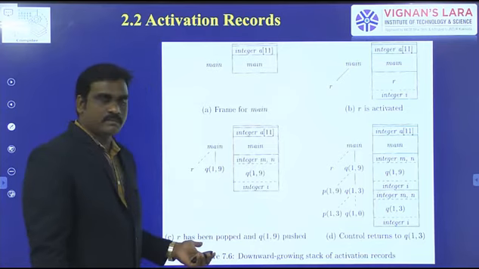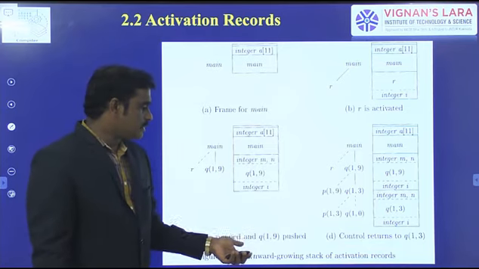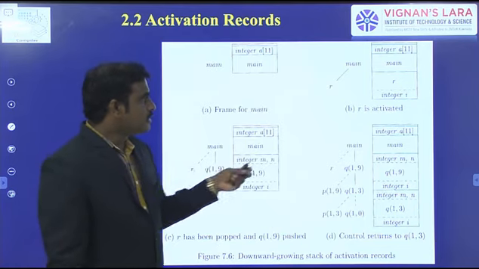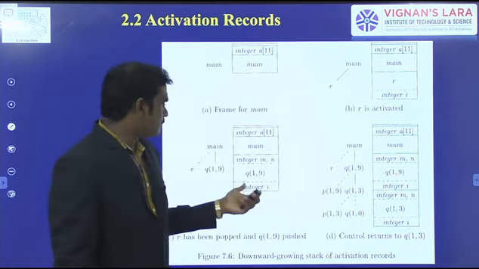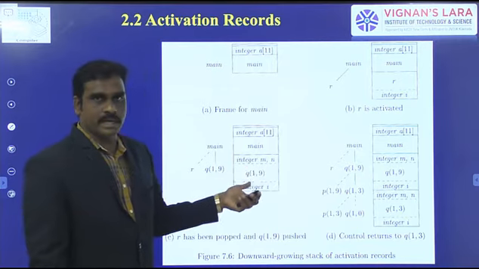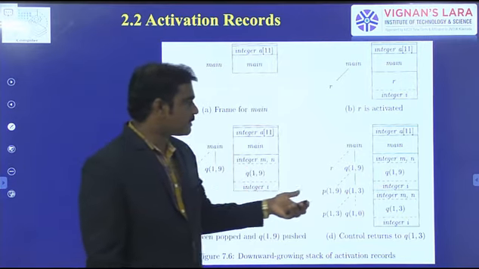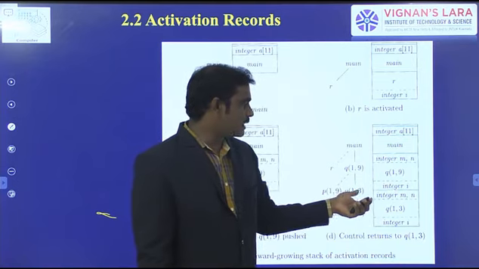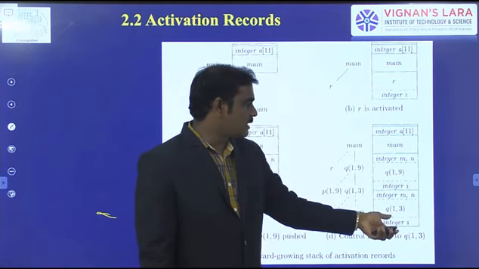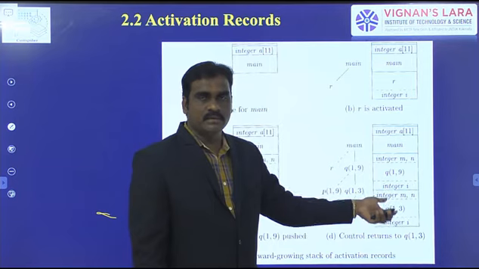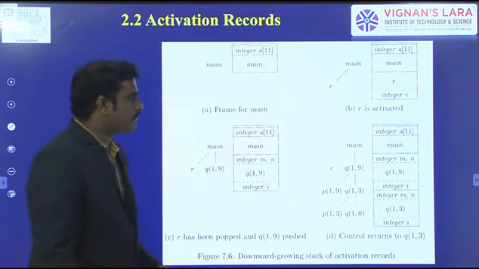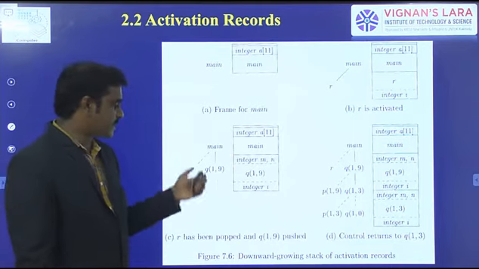See, R has been popped and push Q(1,9). So R is removed and Q(1,9) is pushed. Next, Q(1,9) leads to P(1,9), P(1,3), P(1,9), P(1,3). Like that, we can generate the activation record.